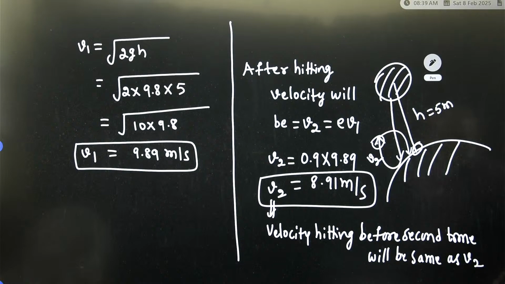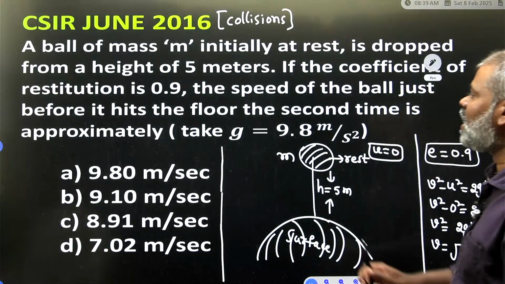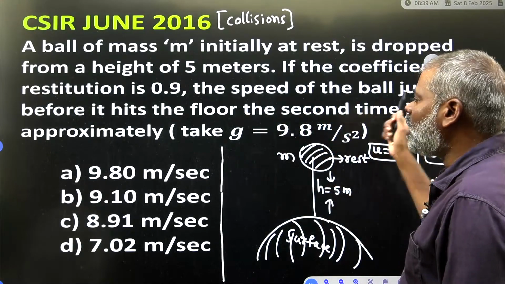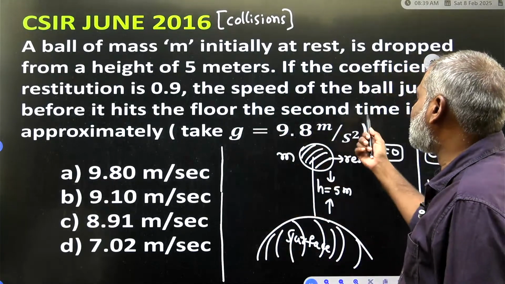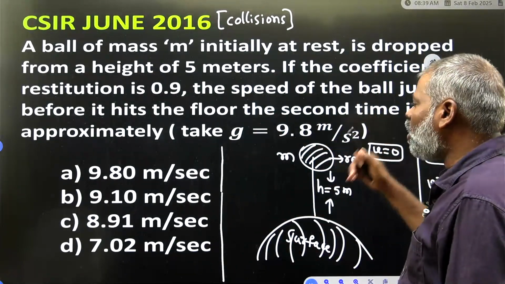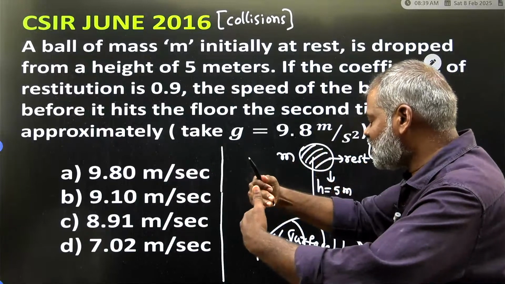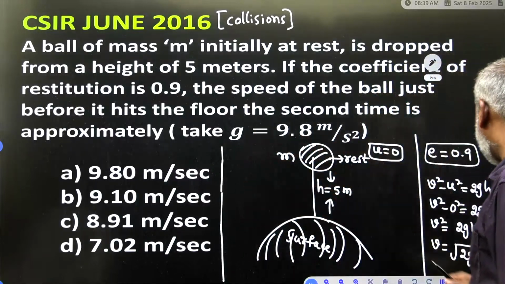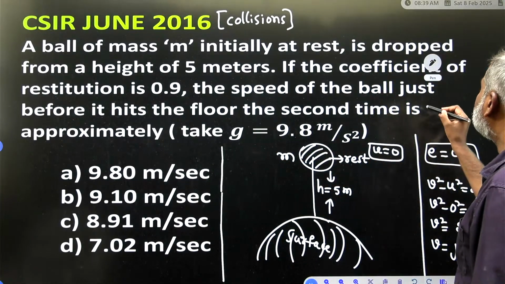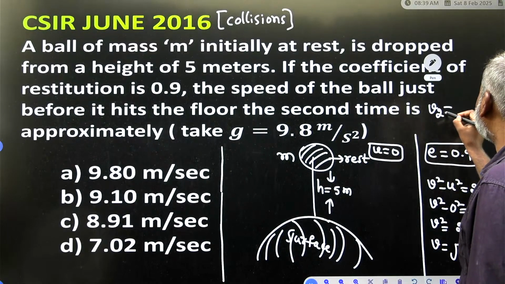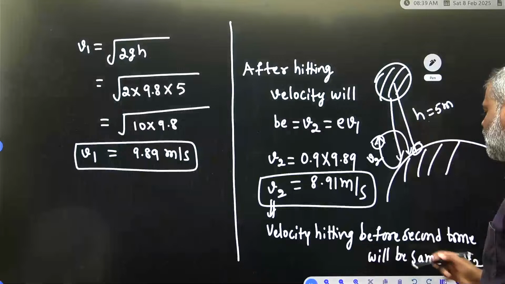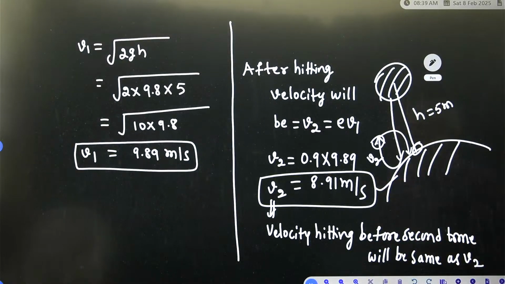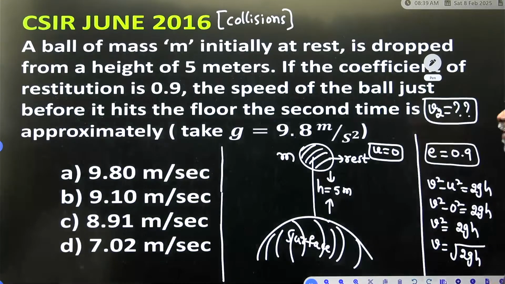Once you see the question, what is the question they are asking? The speed of the ball just before it hits the floor second time. What is the speed? That speed is equal to v2. So what is v2? V2 we already discussed. V2 is equal to 8.91 meters per second.